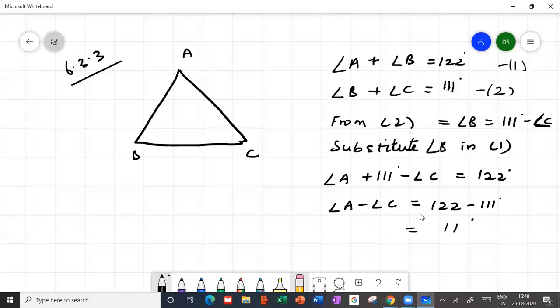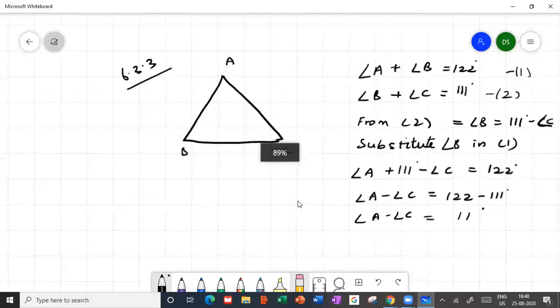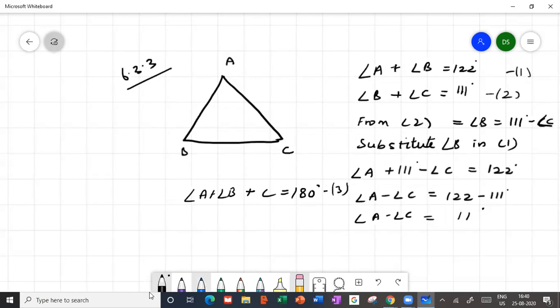And what is the one more condition which we know? That angle A plus angle B plus angle C is equal to 180 degrees. Because there are three variables, there will be three equations. So keep that in mind anytime you get stuck.